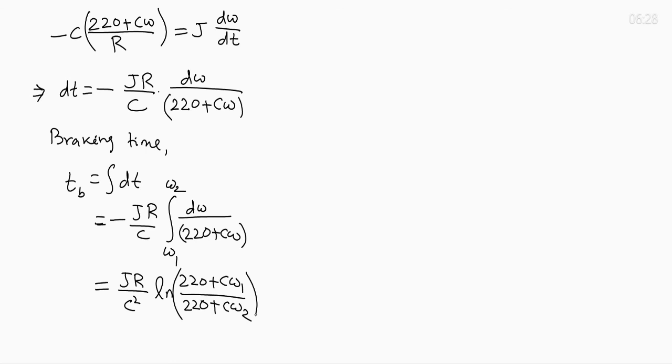So, in this expression J is given as 80, and R is not yet determined, I have to determine R first.